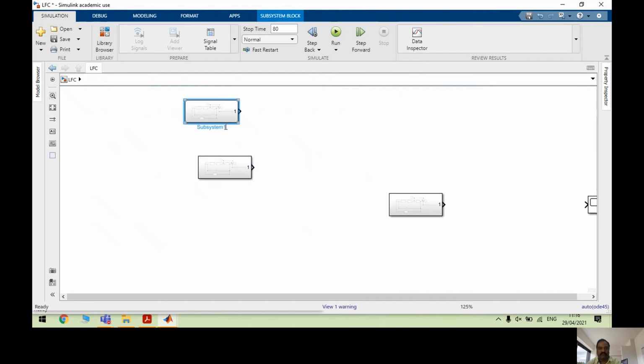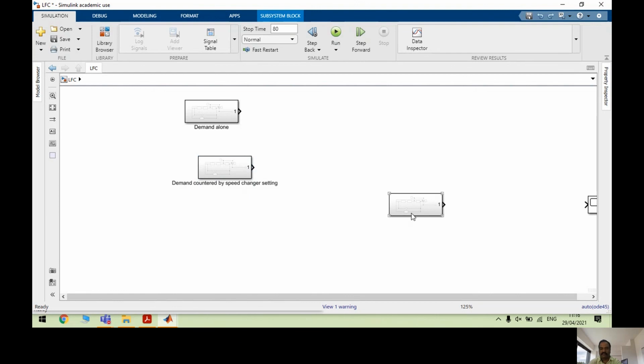The first one, I'm going to take demand alone. This is demand alone. The second one is demand is countered by speed changer setting.